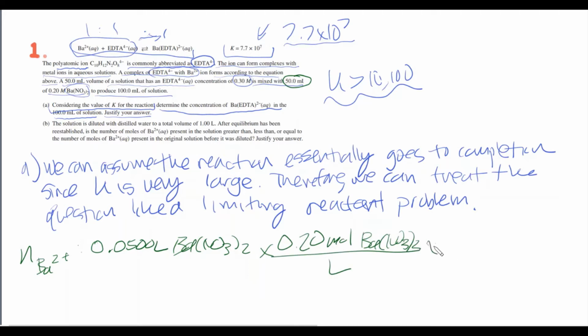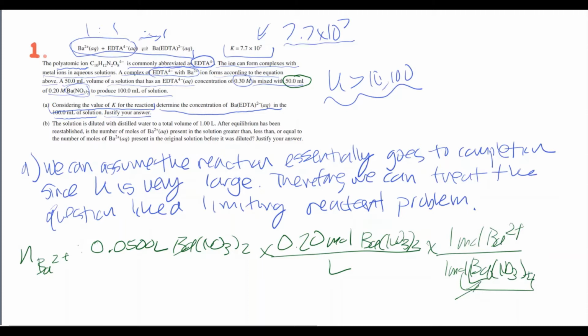So we need to find the moles of barium 2+ though, and we know that for every 1 mole of barium nitrate, we have 1 mole of barium 2+, since right here there's only 1 barium for every 1 formula unit of the salt.